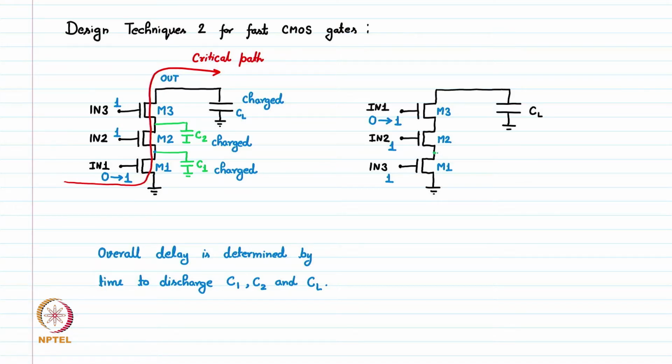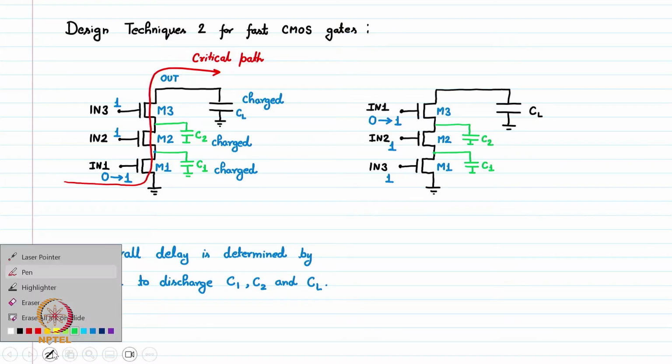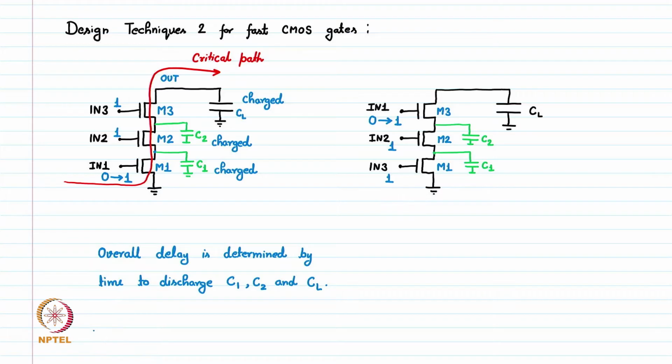We have these similar stray capacitances C1, C2, but if we see this at time t equal to 0, when input 1 is at the 0 level, we have input 2 which is 1, input 3 which is 1.